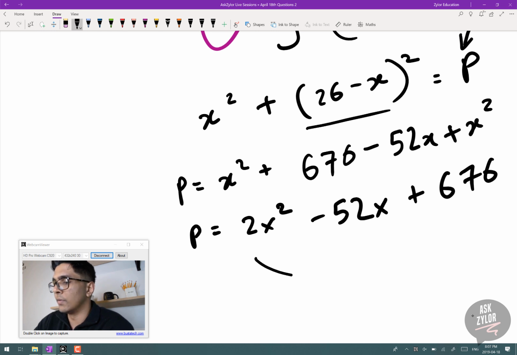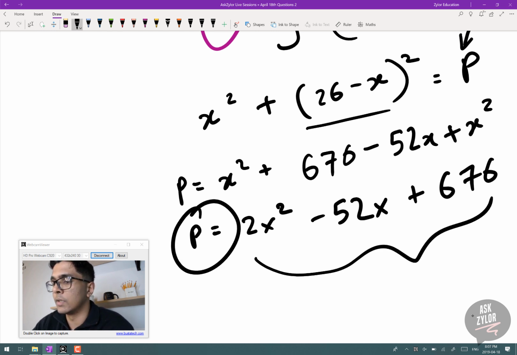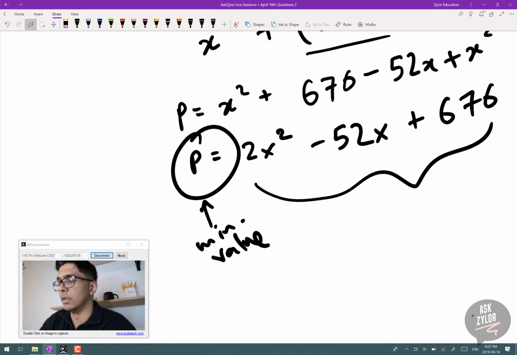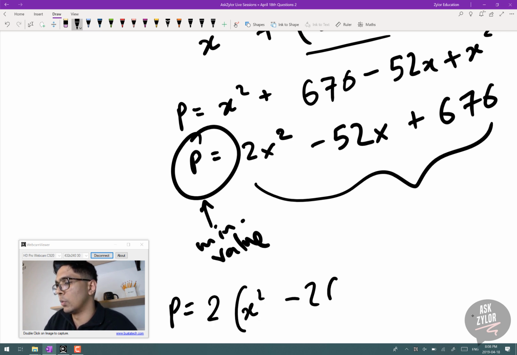Then we have to find the vertex of this, because we're asked to find the minimum value. So how do I find the vertex? I'm going to complete the square. So P is equal to 2x squared minus 52x plus 676. I'm going to factor out a 2, leaving me x squared minus 26x plus 676.